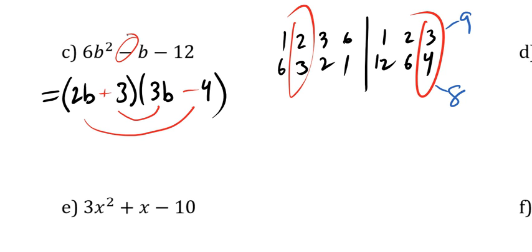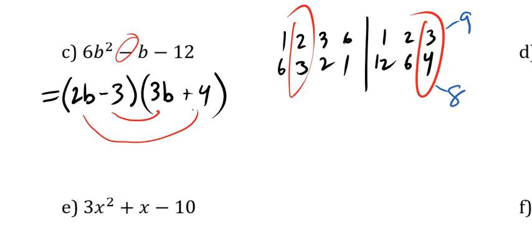That's wrong. So erase it and try again. Whoops, I erased too much. So this one's minus and this one's plus, and that gives me negative 9b plus 8b, and that's right. That's called the smile twice to check method.